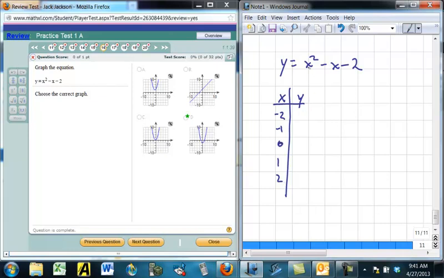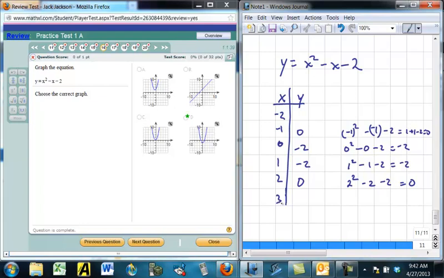So if x is 0, we plug in 0 here: 0 squared minus 0 minus 2 is negative 2. Try it with 1. 1 squared minus 1 minus 2 is also negative 2. And try it with negative 1. Negative 1 squared minus a negative 1 minus 2 is 1 plus 1 minus 2, which is 0. 2 squared minus 2 minus 2, that's 4 minus 4, that's 0.